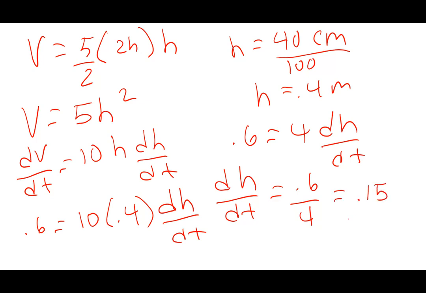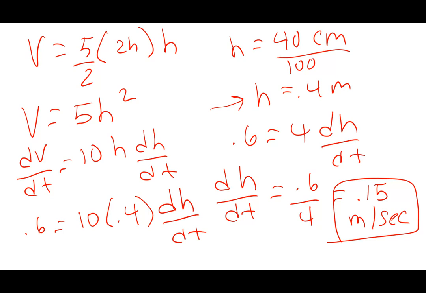And then because this is dH/dt, you're in meters per second. So that is the rate at which the height is changing at exactly the time when the height is 40 centimeters or 0.4 meters. Again, similar to what we did with the cone, you had to make a substitution to get rid of the base and have everything in terms of height, or else there would be no way for you to solve.